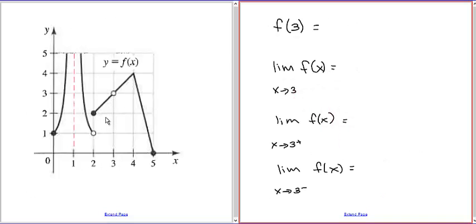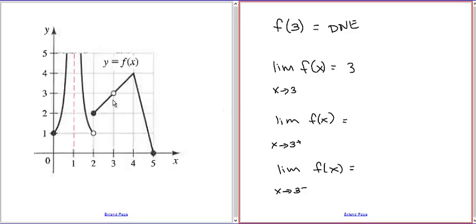And the last group here is right here at 3. So this is a case where the function does not exist because we have this open circle, but the limit does exist. And in this case I have this extra little bit. So the limit exists, and the limit is y equals 3.